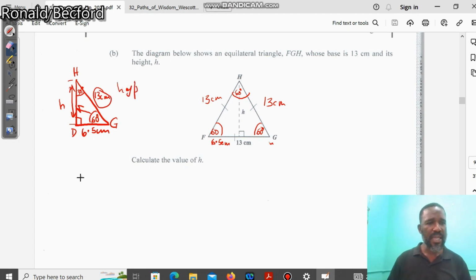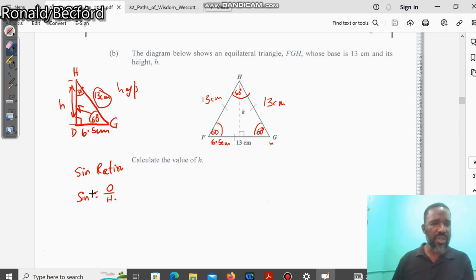If we apply the sine ratio, we know that sine theta is equal to opposite over hypotenuse. That means sine of 60 degrees is equal to the opposite, which I don't know, which is h, over 13 centimeters.